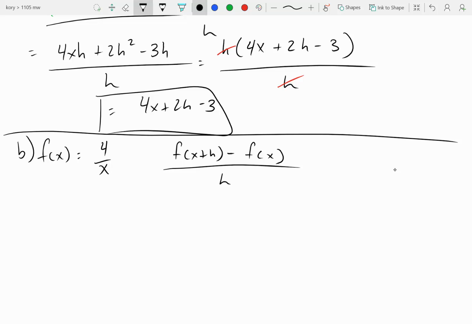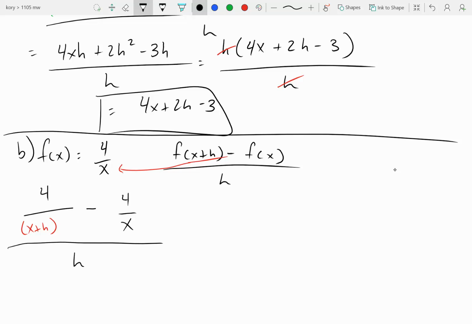So that's 4 over x plus h. Okay, that's where we got that from. So all we did was just put x plus h for every x, and then we want to subtract f of x, which is 4 over x, and then that's all over h.